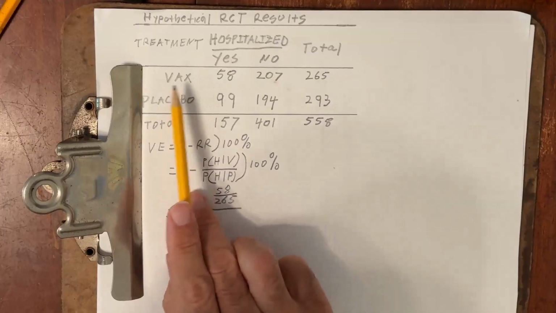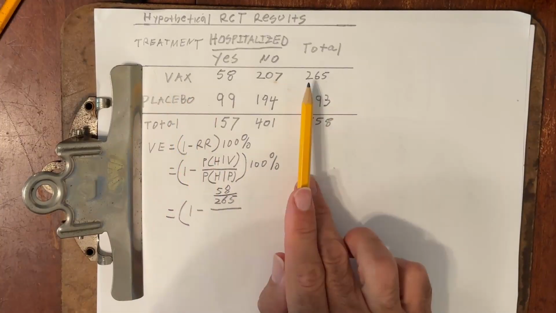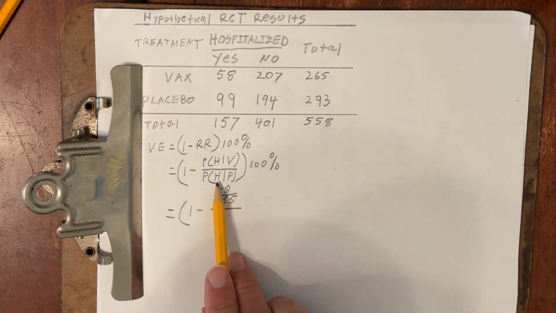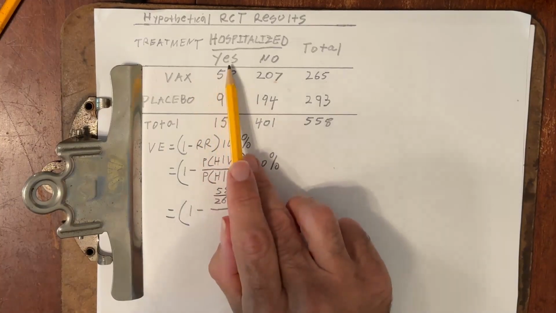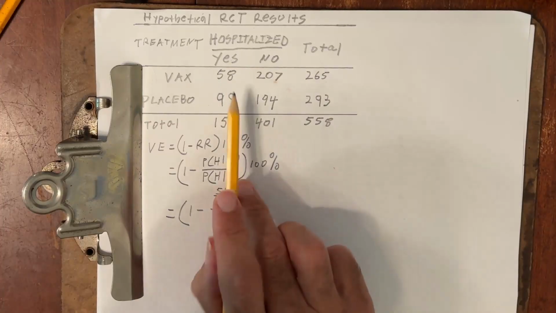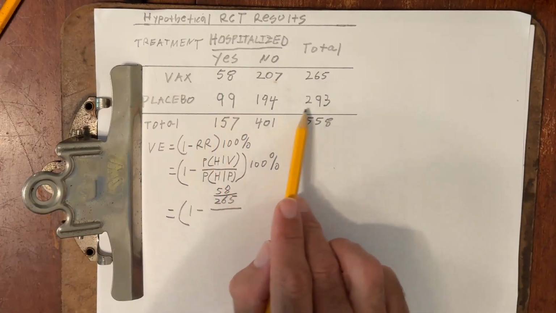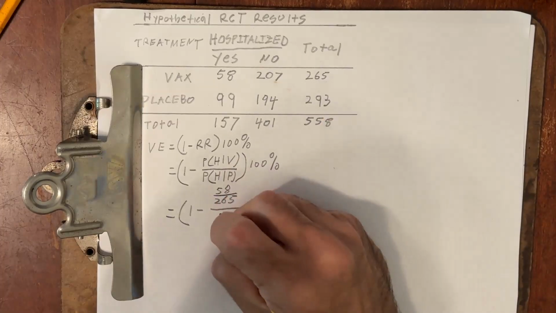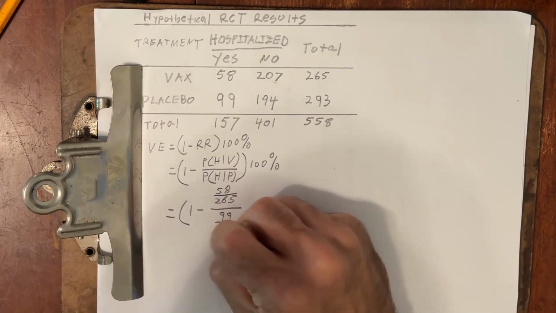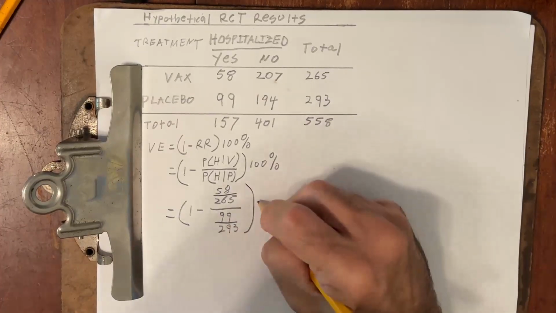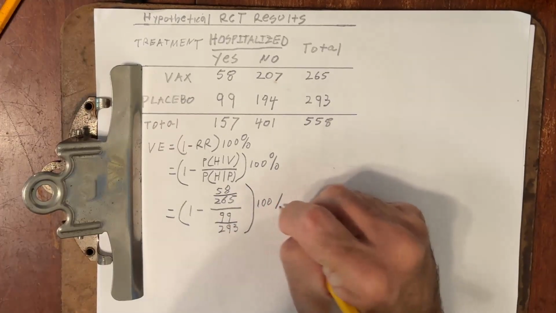Remember, the condition of the conditional probability sets the denominator. And the probability of randomly selecting a study participant who was hospitalized, yes, given that they were assigned to the placebo, that's going to be 99 divided by 293. And this is quantity times 100%.